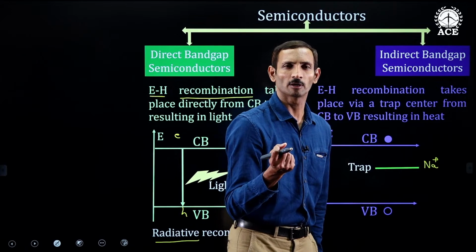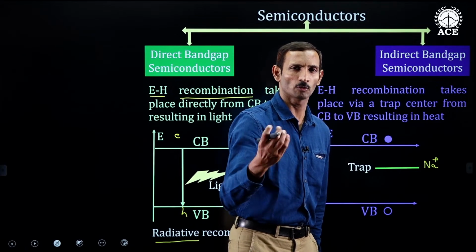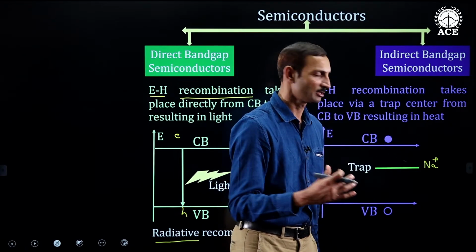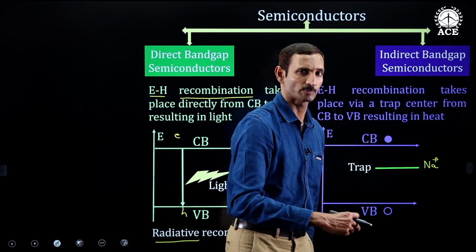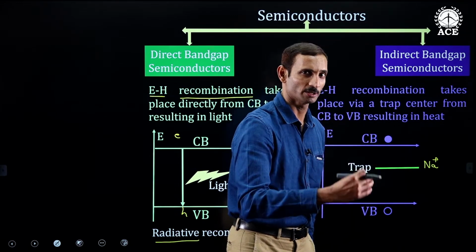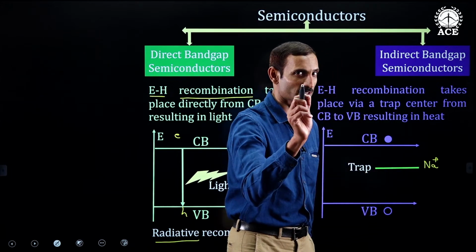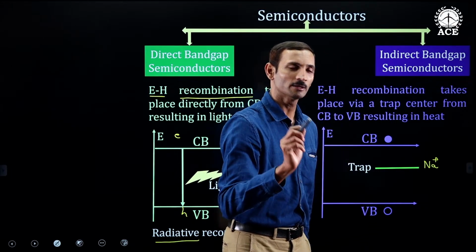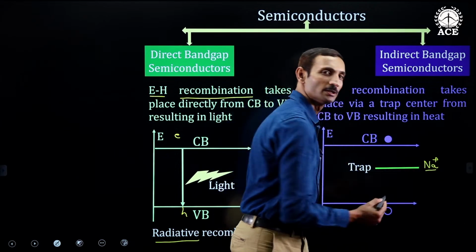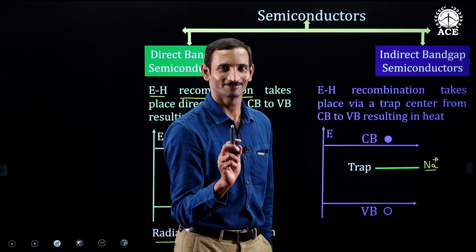Somehow it barged in while the original crystallization took place. This Na plus ion requires an electron badly, and this is an impurity, mind you. This impurity is not deliberately added.